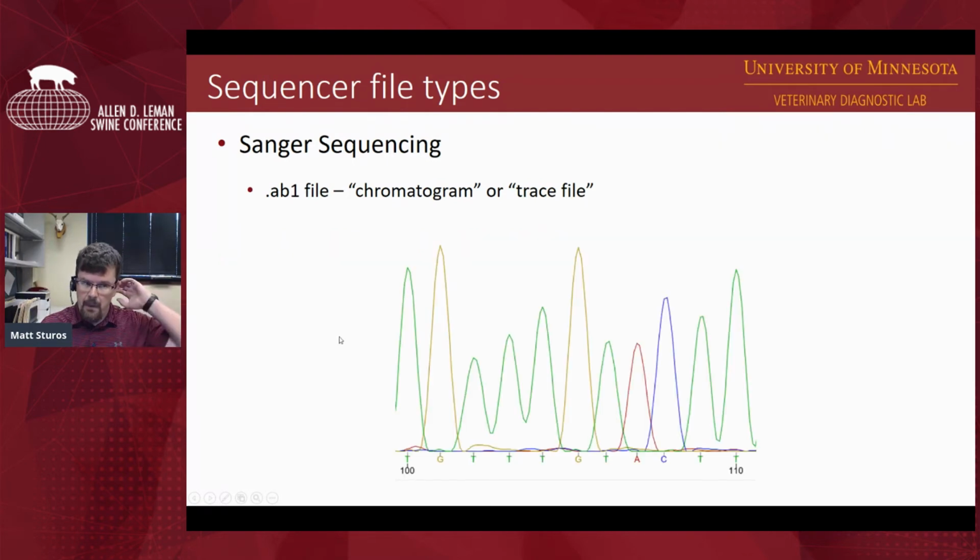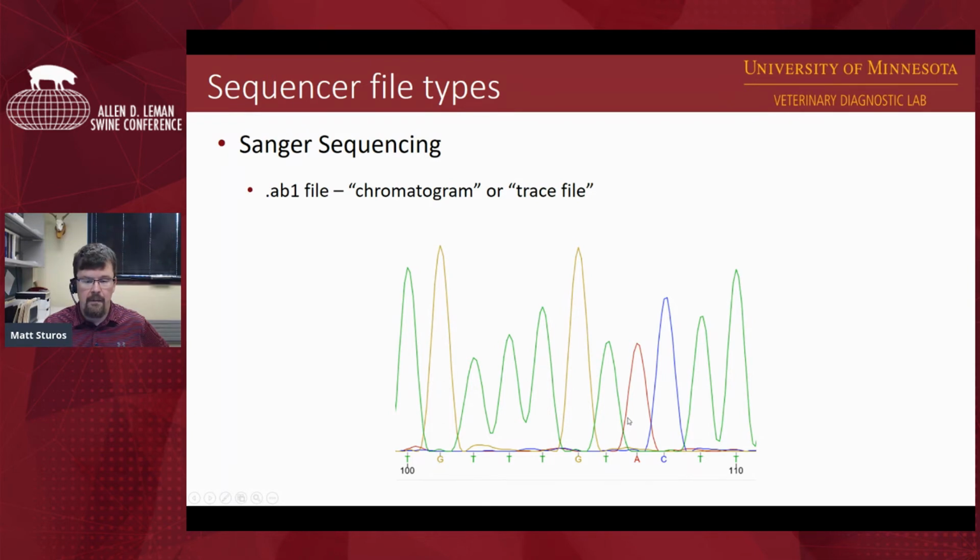Here's an example of an AB1 file, or a chromatogram. This is showing what the sequencer would identify at these different positions. The green peaks that you see here correspond to the T reporter in the PCR reaction. This yellow line is the G reporter.